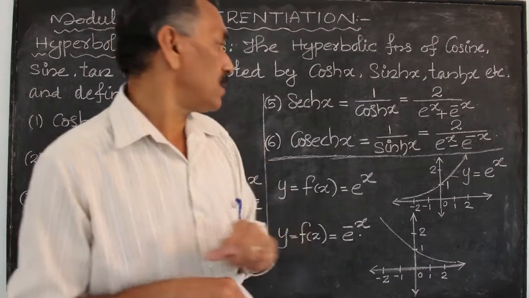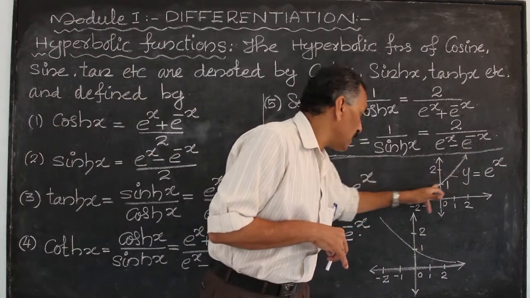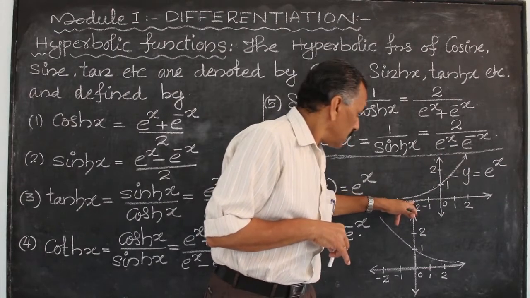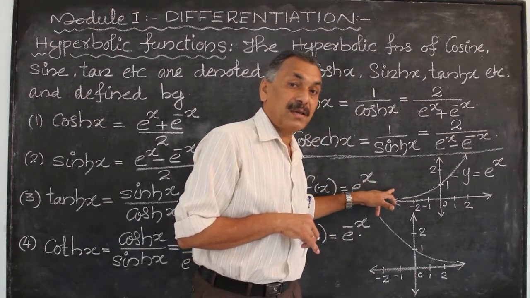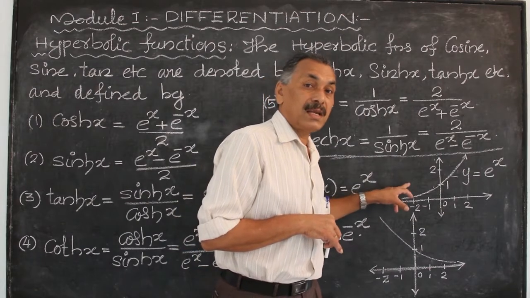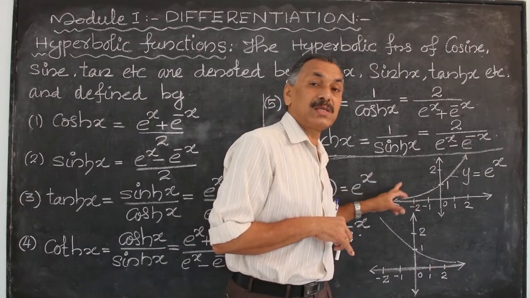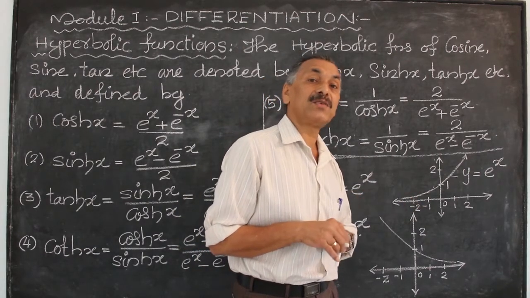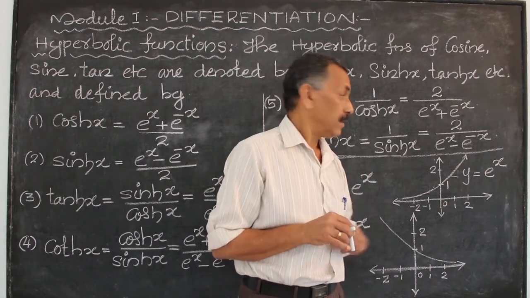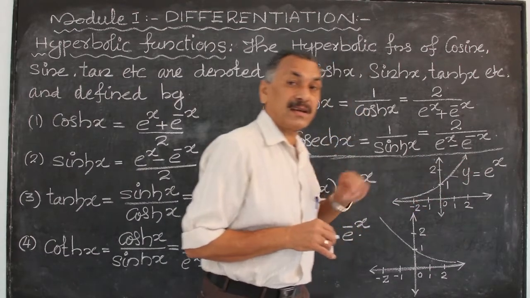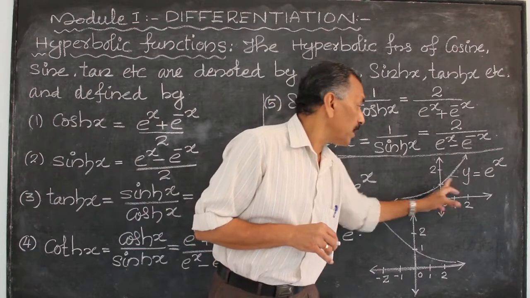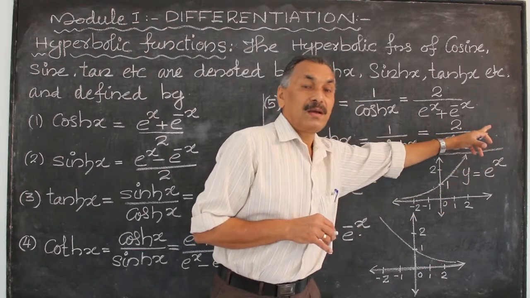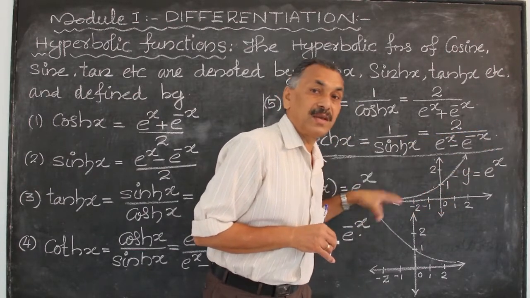Remember, for y is equal to e raised to x, e raised to minus 3 means 1 divided by e cube, etc. This is y is equal to e raised to x. 1 is the point where it crosses the y-axis.